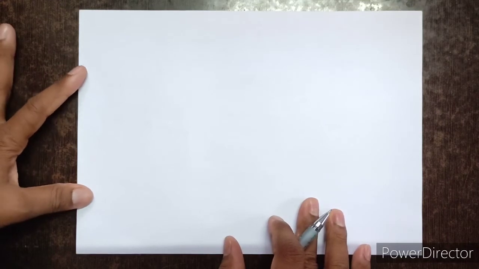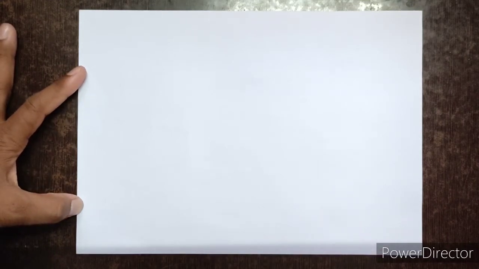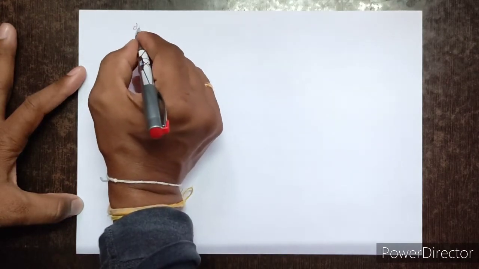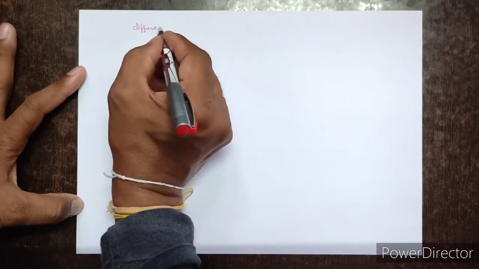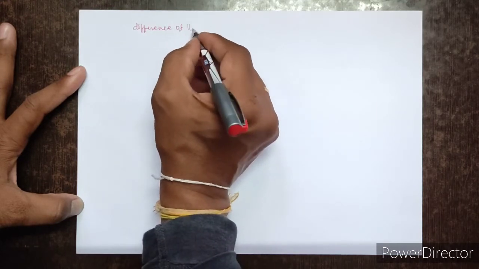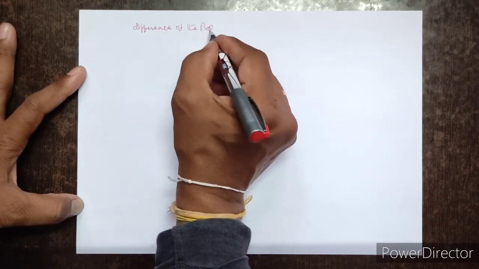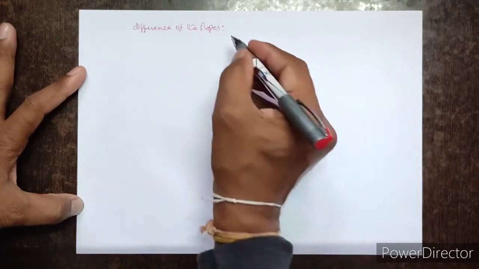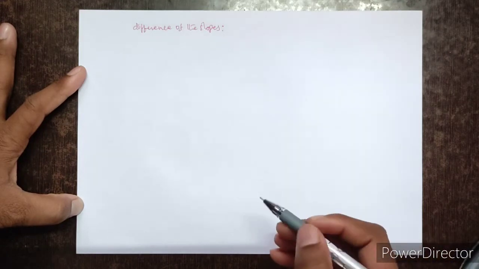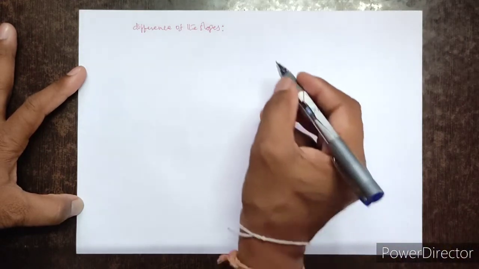Next, difference of the slopes of the lines represented by ax square plus 2hxy plus by square equal to 0.